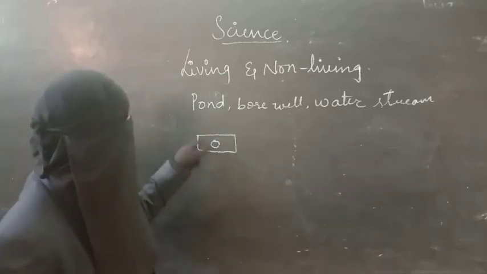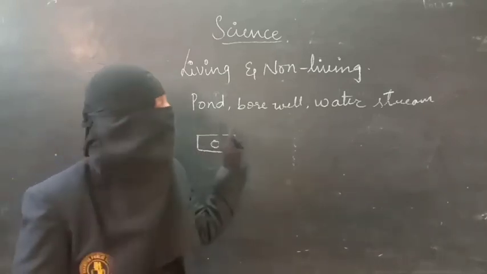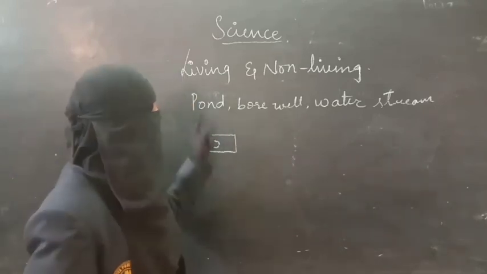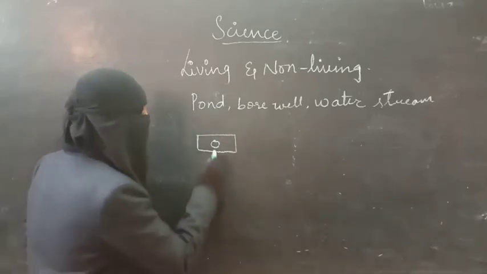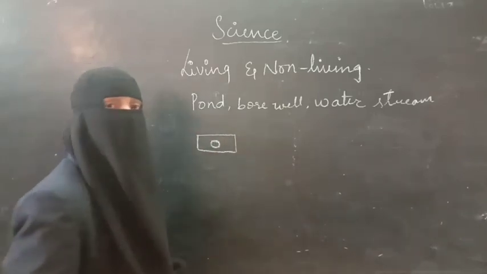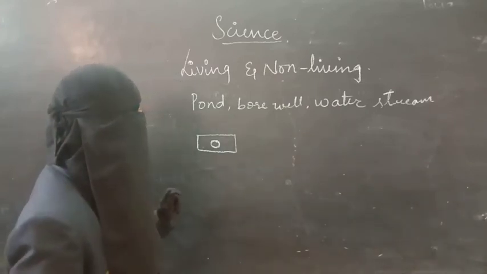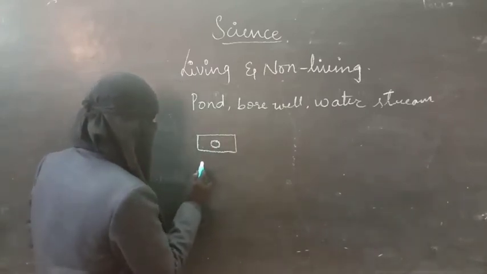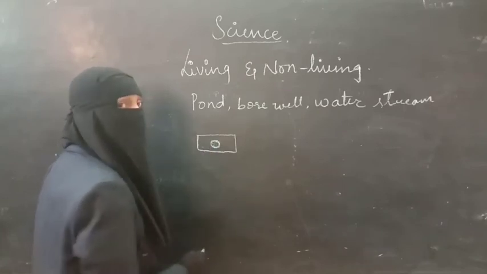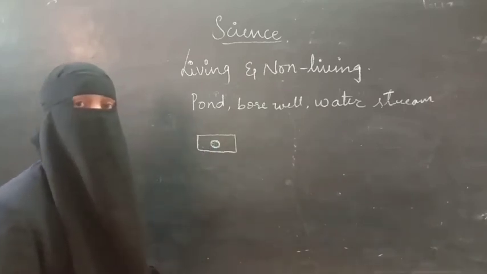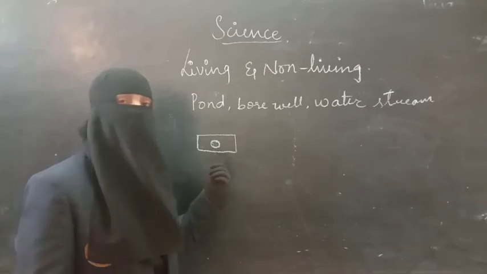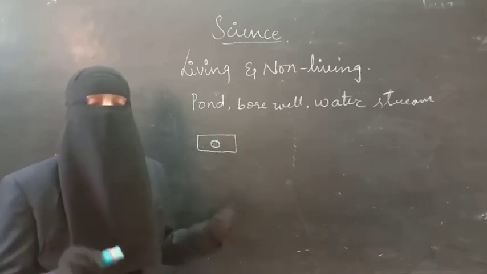Here we have to put a drop of water from these three samples. For example, I have taken the pond water and kept a drop of water, and now I am going to observe it under the compound microscope. If you observe through it, you see some microorganisms present here. Can you see with your naked eyes? No, we can't, because microorganisms are invisible to our naked eyes.